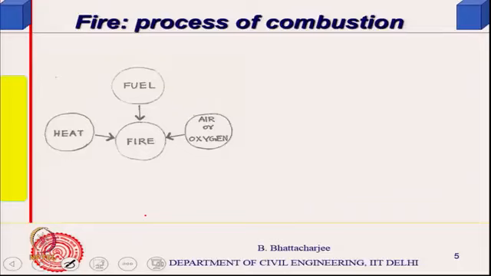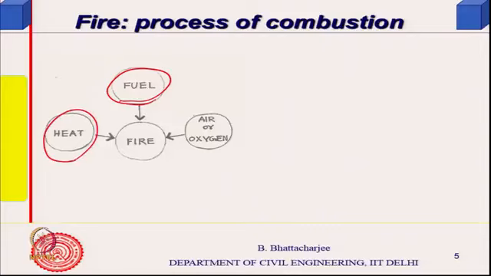So, these are the three things required for fire: the fuel, most important, heat, and air or oxygen. I mean, air has got oxygen 21% or so. Therefore, these three things are essential.